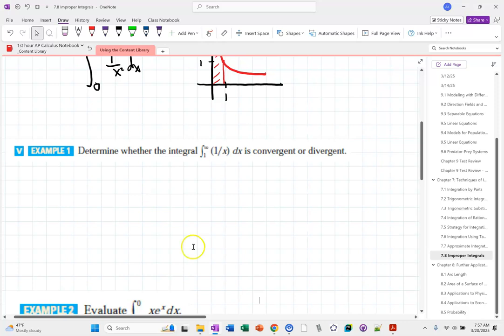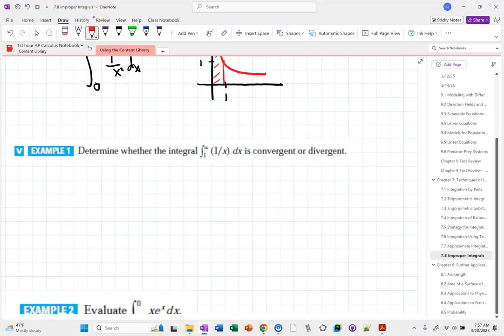So let's go ahead and dive in and do an example. Let's say we want to do the integral from 1 to infinity of 1 over x, and we're asking to determine whether this is convergent or divergent. Convergent just means it has a real numbered answer. Divergent means that the answer is infinite, either positive or negative infinity.